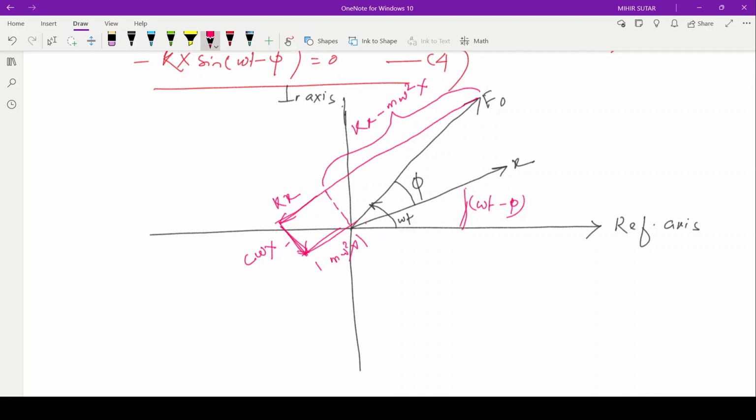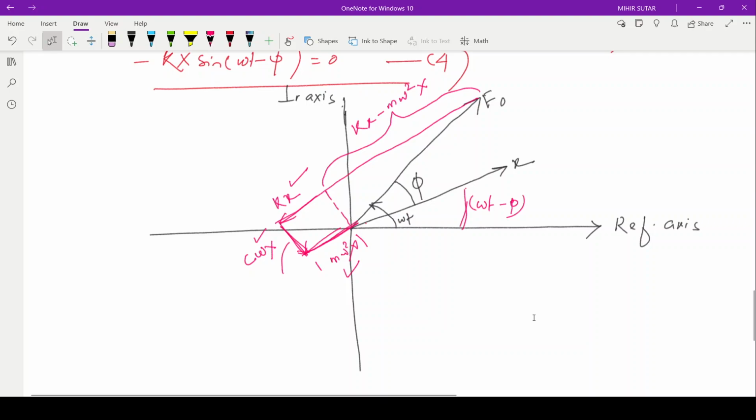Then further we have m omega square x sine omega t minus phi plus pi. This one is at 180 degrees with this kx vector. So we got three vectors: kx, c omega x, m omega square x. So this is the interpretation of the graph.